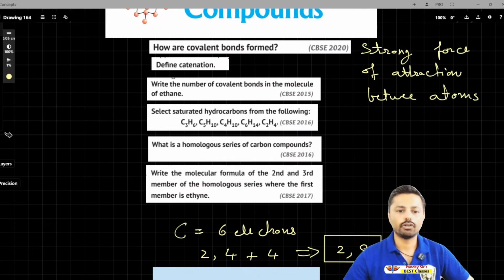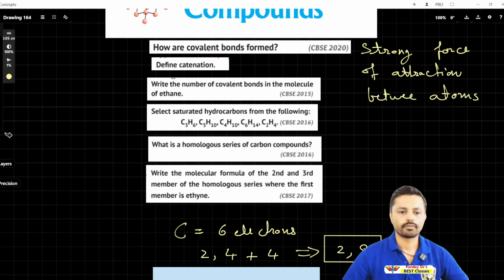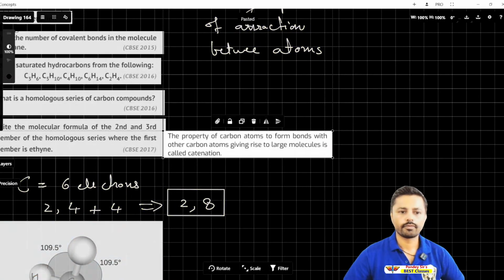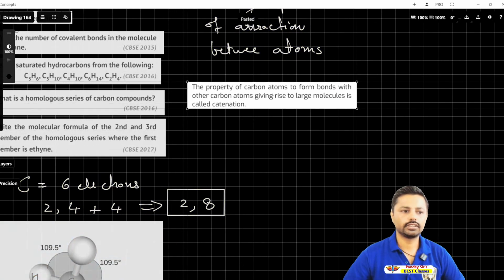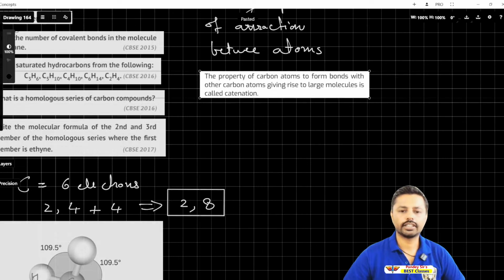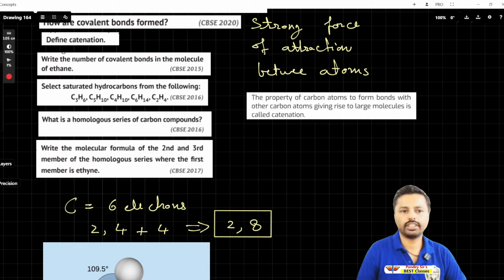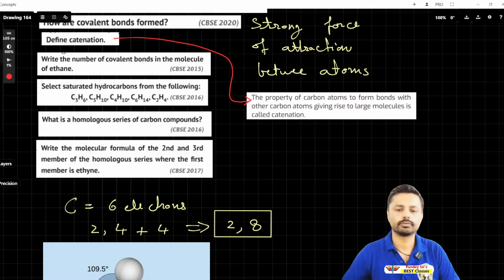I'll show you the official definition also. So here is the answer for catenation. Define catenation. This is the definition of catenation.